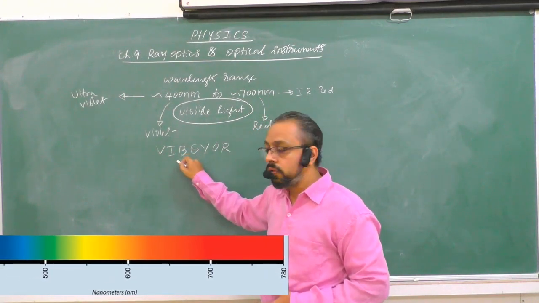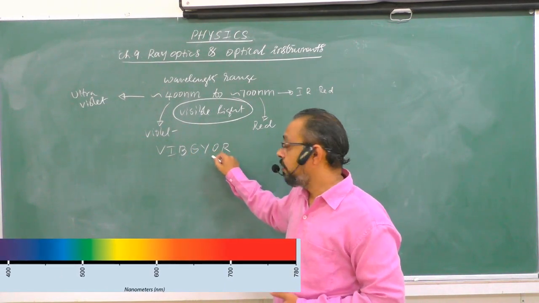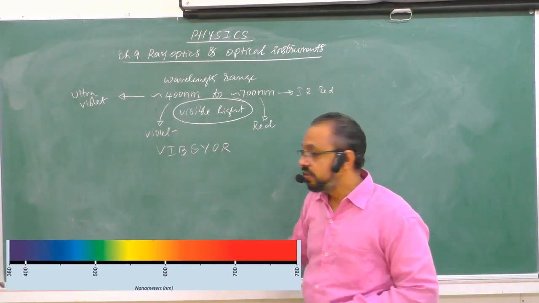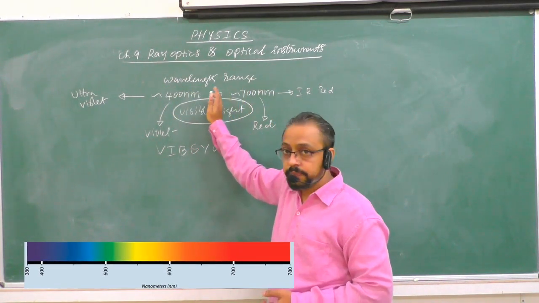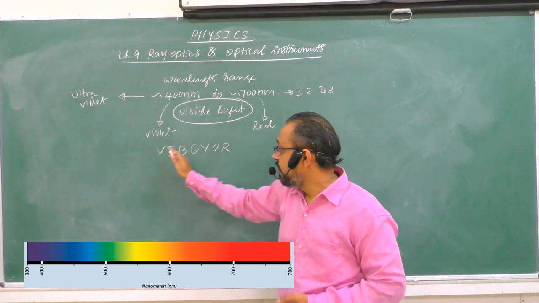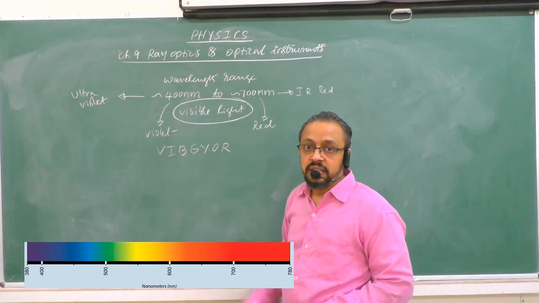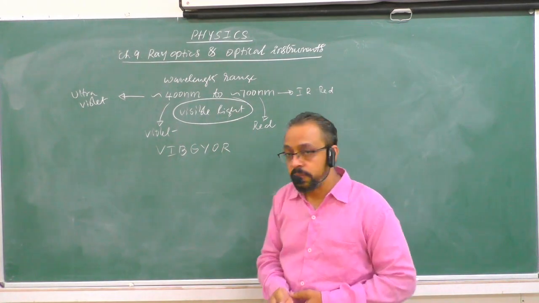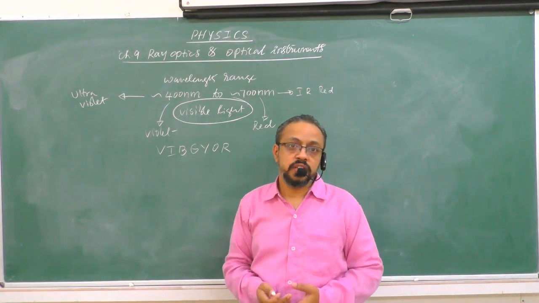Violet, indigo, blue, green, yellow, orange, and finally red. As the wavelength increases from 400 to 700, the color of appearance changes from violet to red. This portion of the electromagnetic spectrum is most needed for this particular chapter.